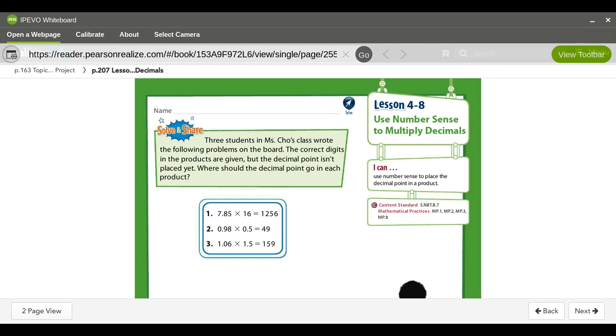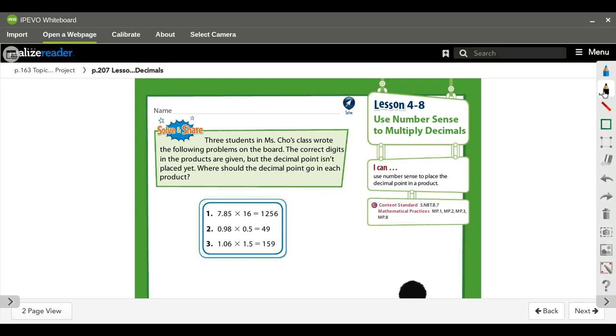So I have 7 and 85 hundredths multiplied by 16 to get a product of 1256. So we're going to see what we get when we do that. So if I go ahead and do my estimation, 785 is going to round to 8.